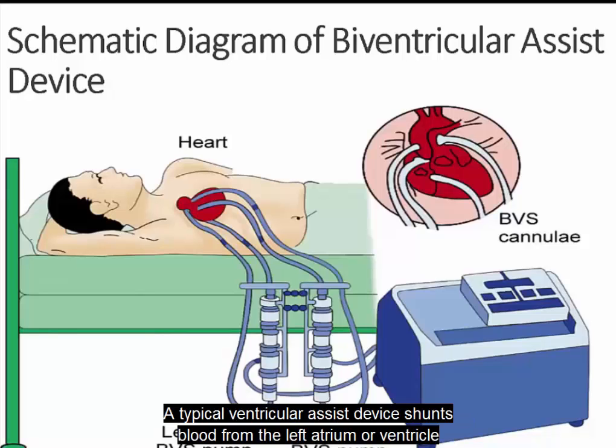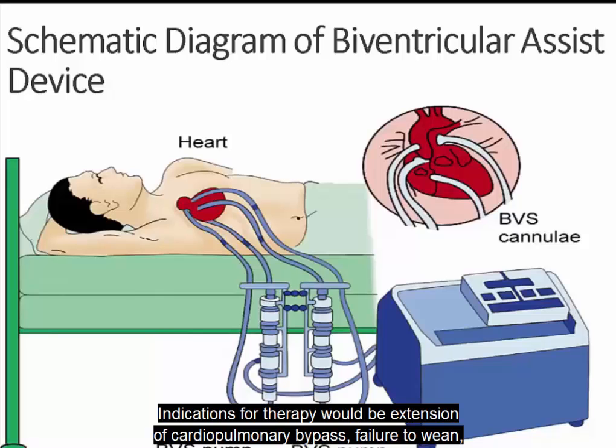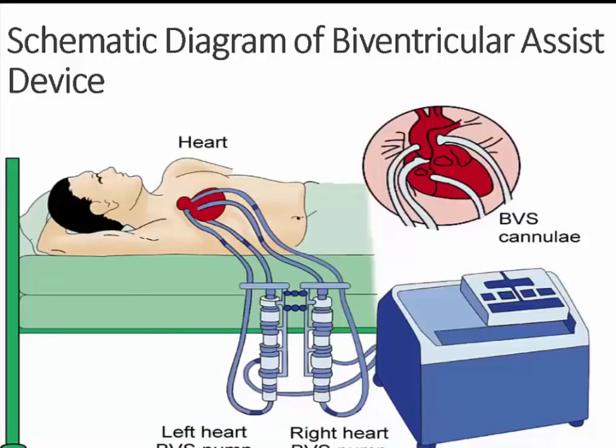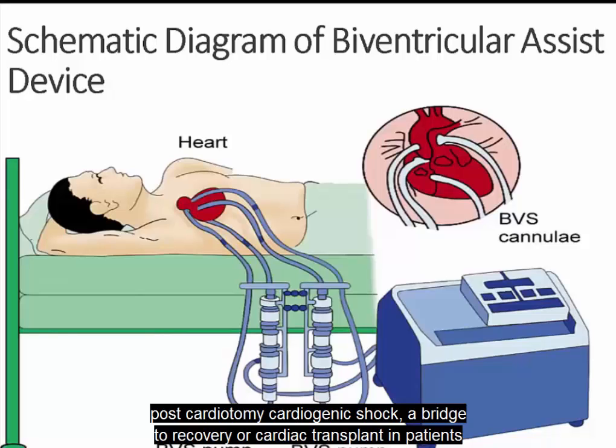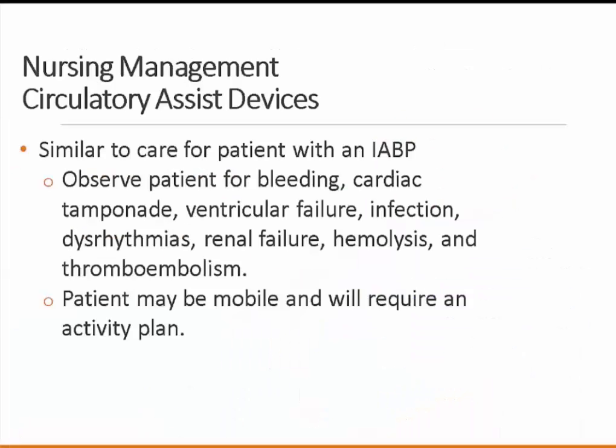A typical ventricular assist device shunts blood from the left atrium or ventricle to the device and then to the aorta. Indications for therapy would be extension of cardiopulmonary bypass, failure to wean, post-cardiotomy cardiogenic shock, a bridge to recovery or cardiac transplant, in patients with New York Heart Association Classification 4 who have failed medical therapy.